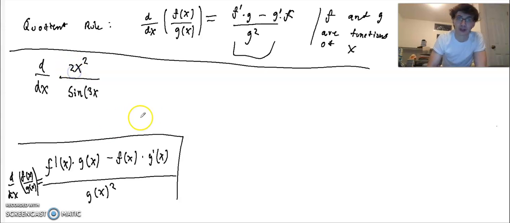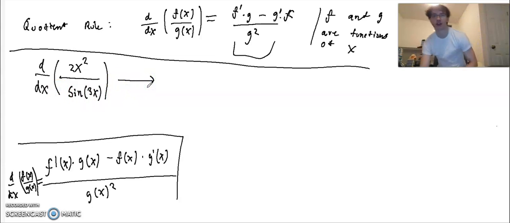And we'll do 2x squared, because why not? Well, with this, it's really just like you say the numerator is f of x, the denominator is g of x, or vice versa, and then you just follow the formula that we found. So let's just write out our stuff.